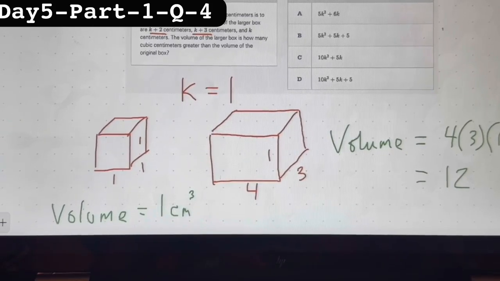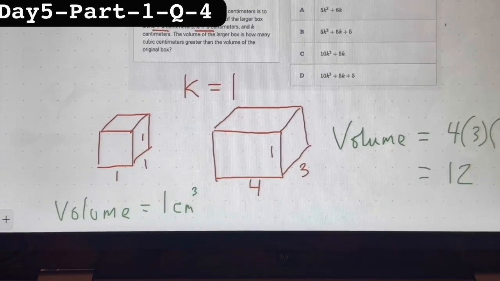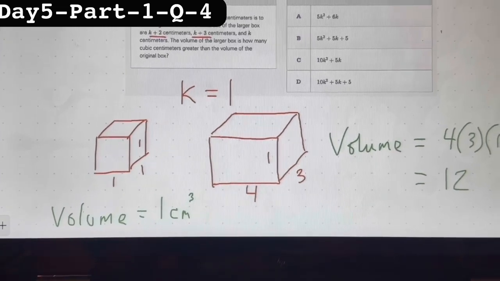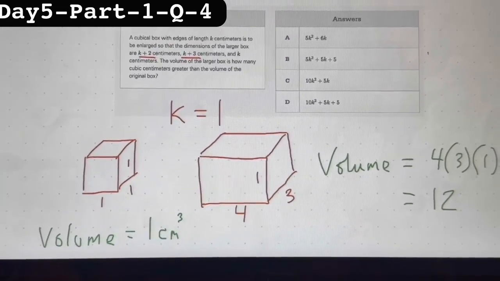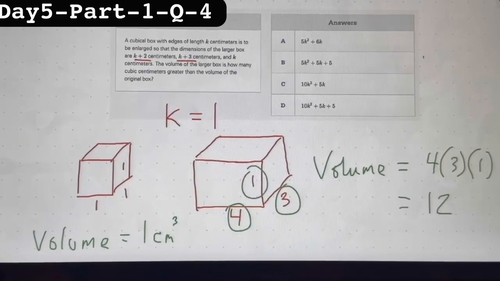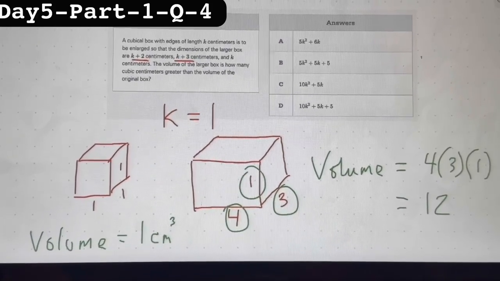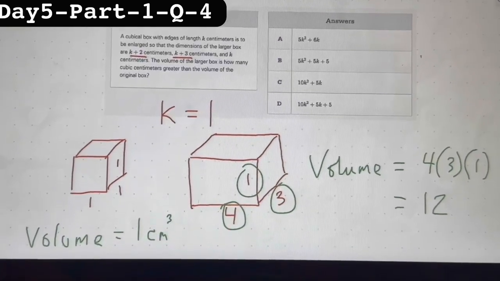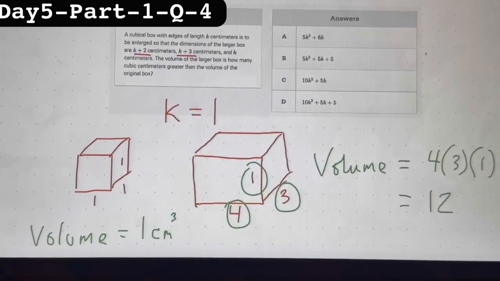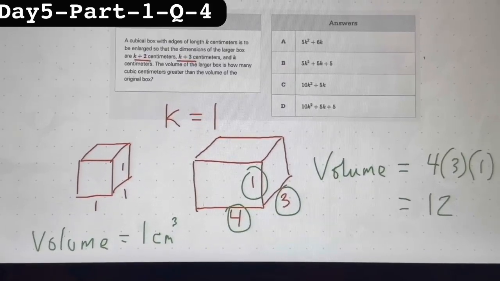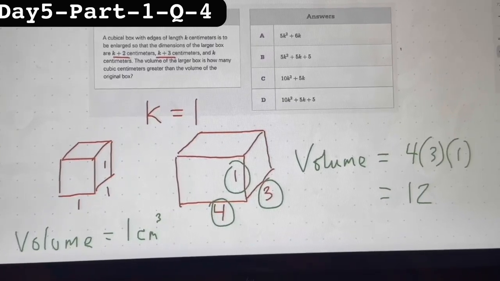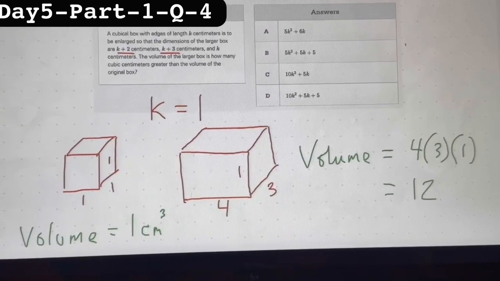The 4 is from the 1 plus 3, that's K plus 3, that's K plus 2, and that's just K. Again, we're just plugging in values for K and making it concrete. Any questions at this moment, or are we good?